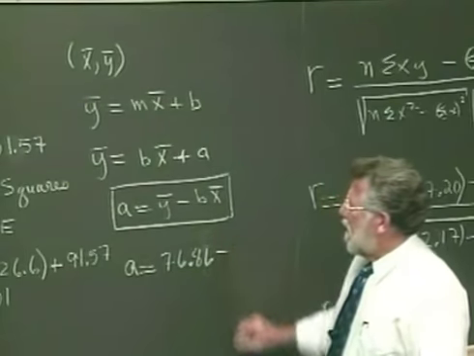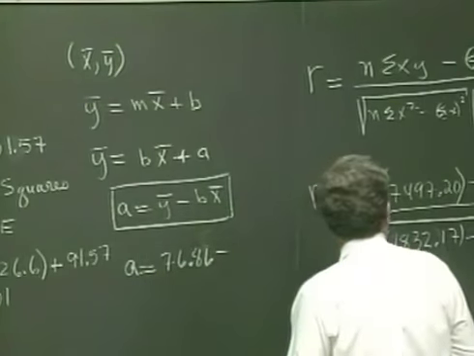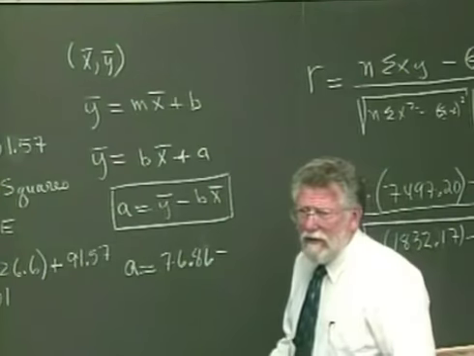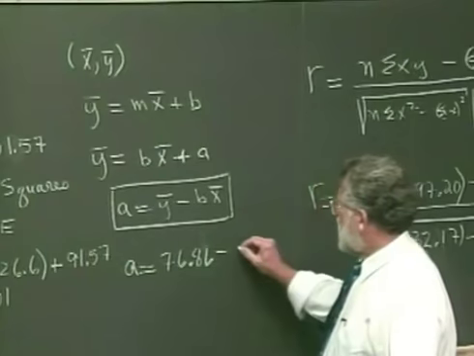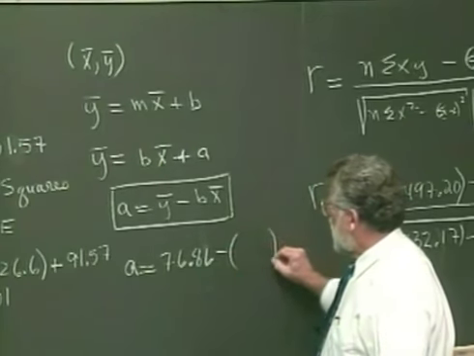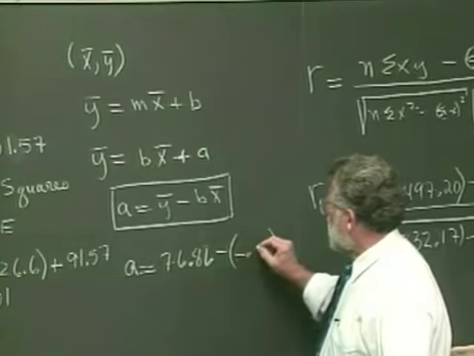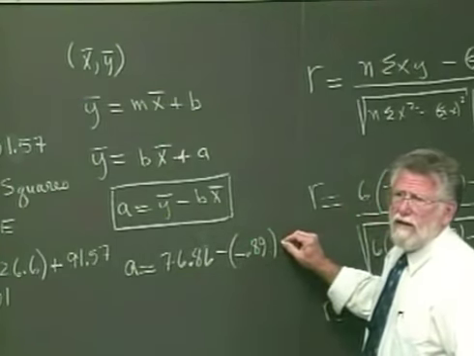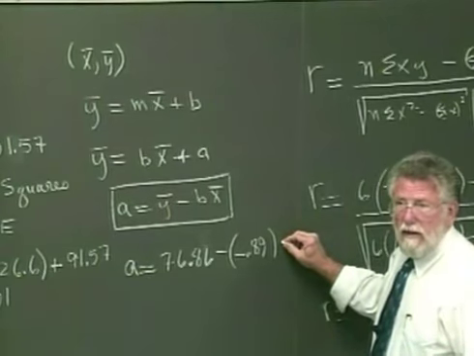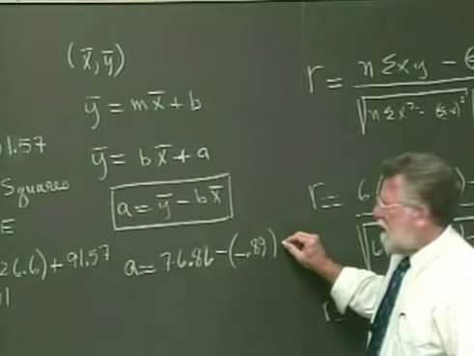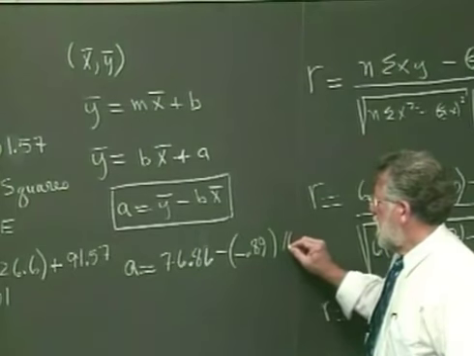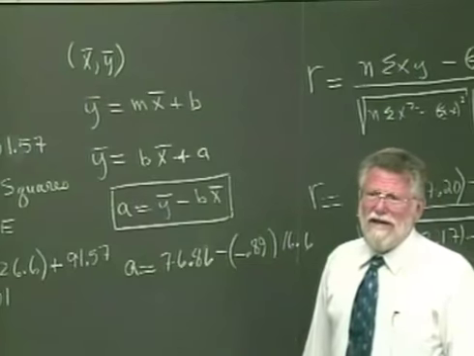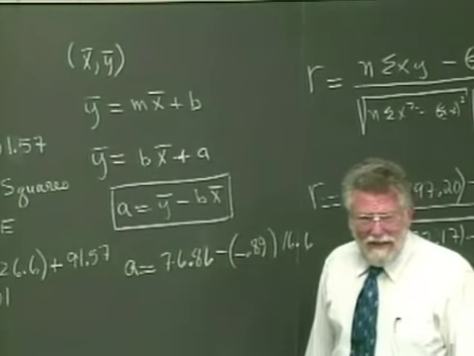Okay. Minus, now do I know the slope? No. I'm in trouble. But I know x bar, so I need to put something in here. Now, we happen to know it's negative 0.89, but I've got to establish that. What's x bar? I did realize I have something yet to do. X bar. What's my number? 16.6.